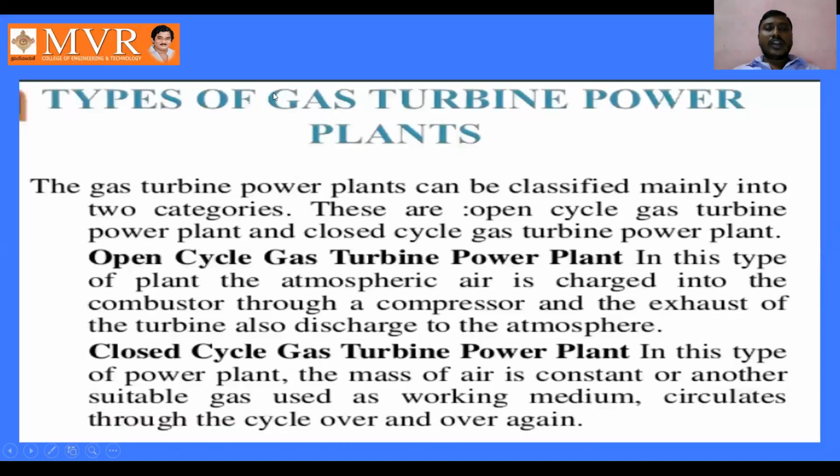We have some types or classifications of gas turbines. The gas turbine power plants can be classified into two types: open cycle gas turbine plants and closed cycle gas turbine plants. Coming to the open cycle gas turbine plant, here the atmospheric air is charged into the combustor through a compressor, and the exhaust of the turbine is also discharged to the atmosphere.